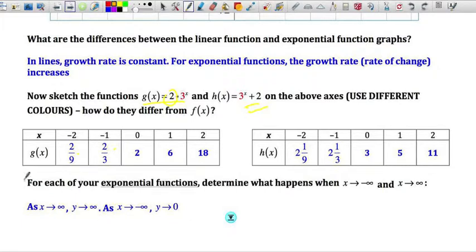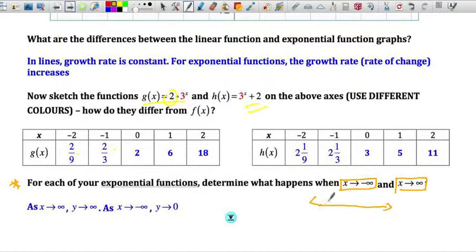And the last thing is this question over here, which was a difficult question to answer because you may not have understood the notation. What this says is, determine what happens when x approaches minus infinity. In other words, when x goes from -1 to -2 to -3 to -10 to -50 to -1000, going down a number line.